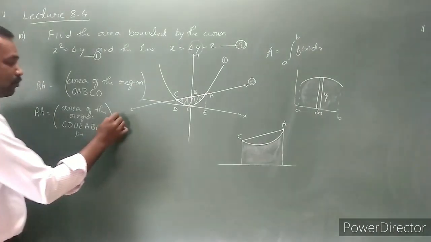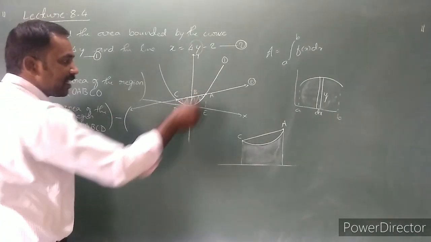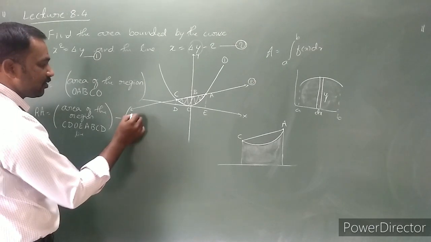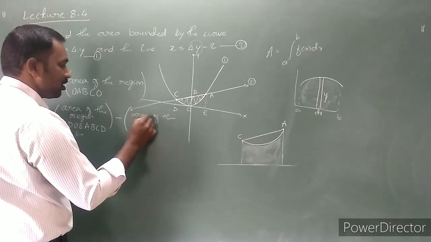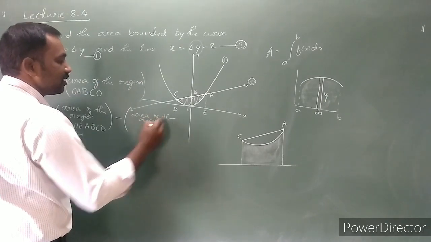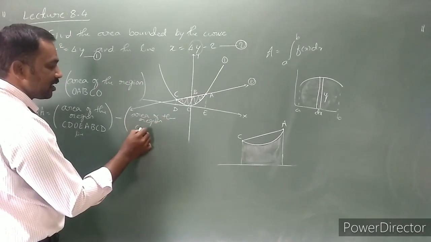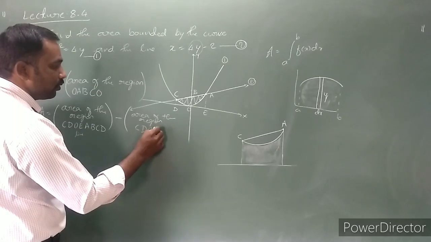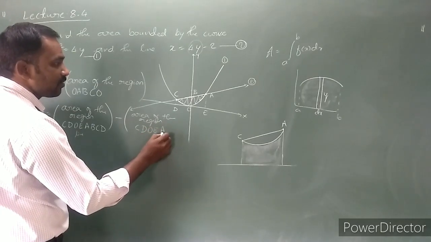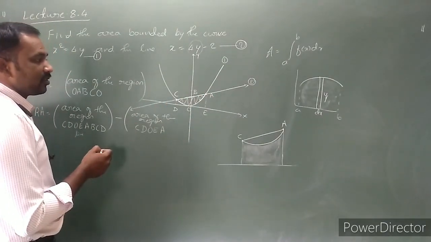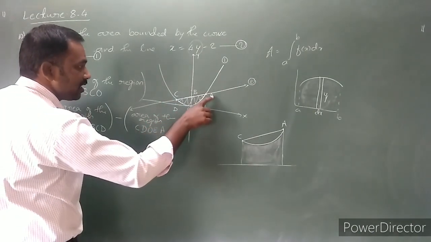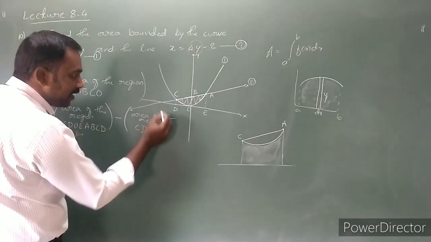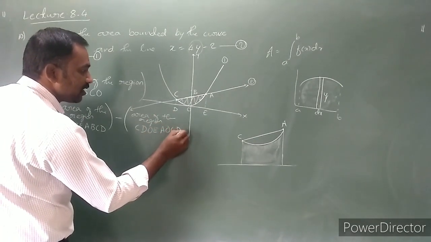Minus the area under the curve. What is the area under the curve? The area of the region C, D, O, E, A, and O, C, D.